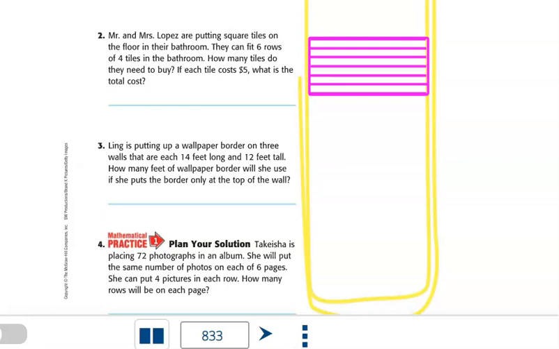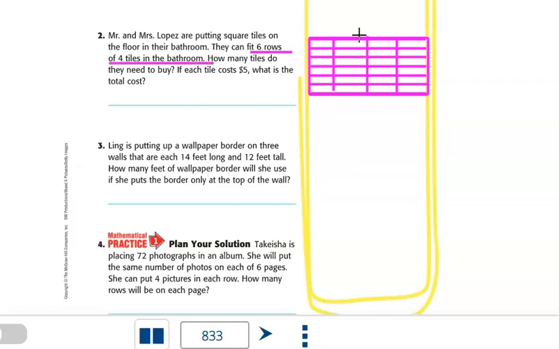So what I've shown here is 1, 2, 3, 4, 5, 6 rows. And if I wanted to draw the full grid, I would draw 4 tiles in each. So that's basically what it will look like following the directions they've given us: 6 rows of 4 in the bathroom.